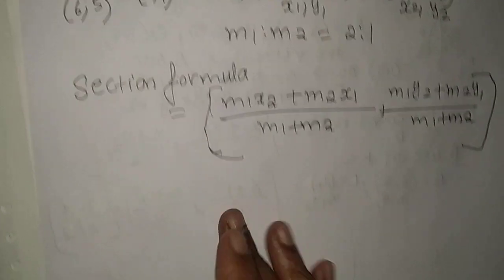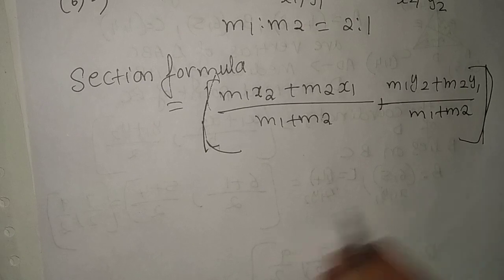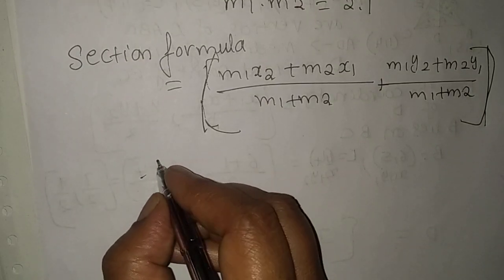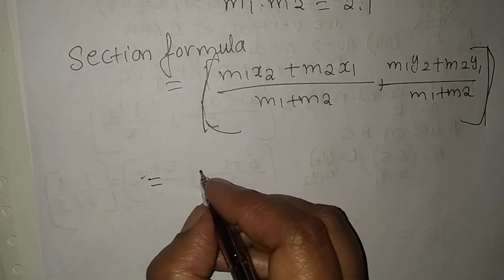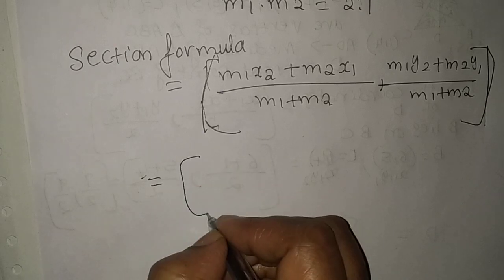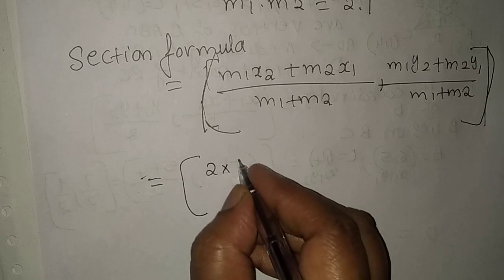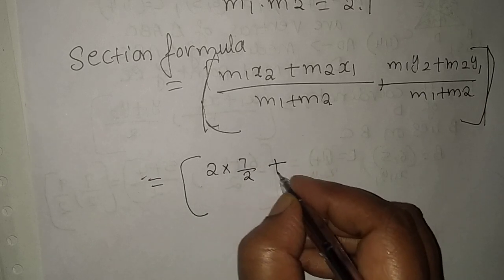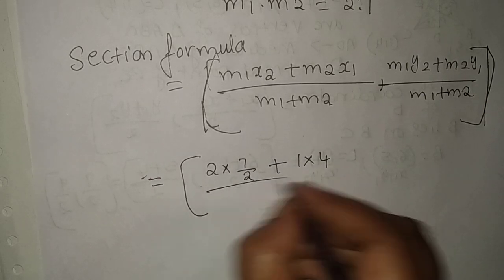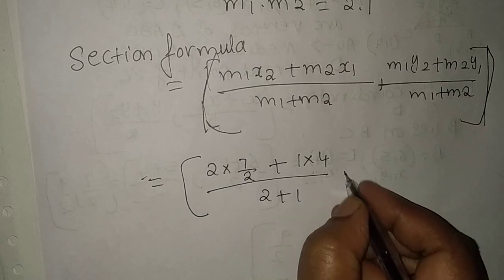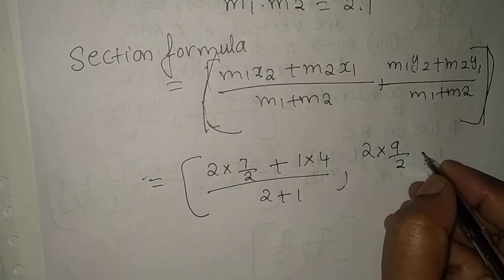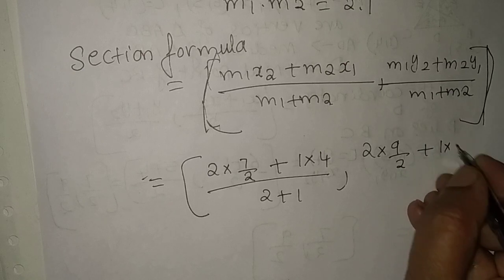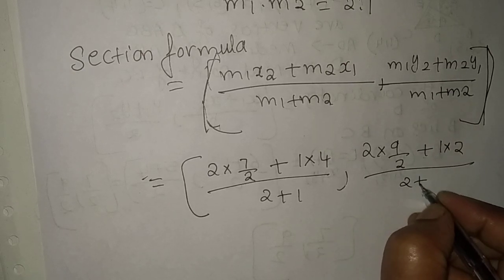Now we'll substitute the values. So coordinates of P: (2 into 7/2 plus 1 into 4) by (2 plus 1), then (2 into 9/2 plus 1 into 2) by (2 plus 1).